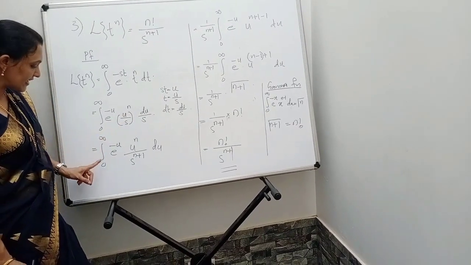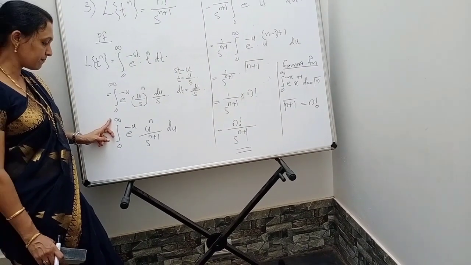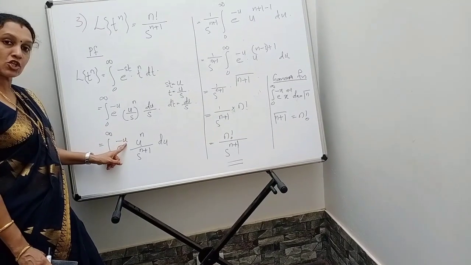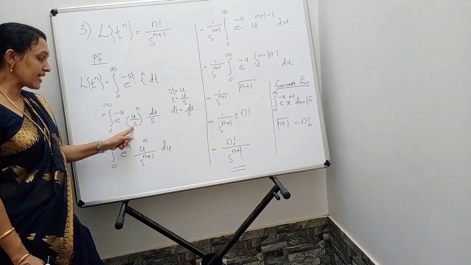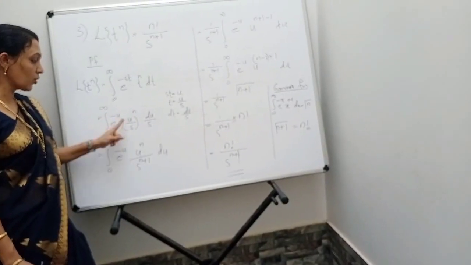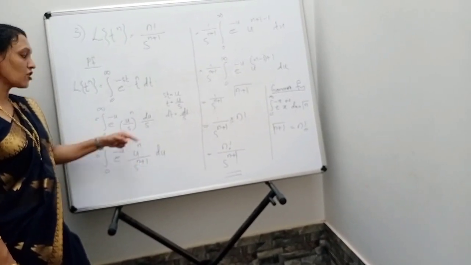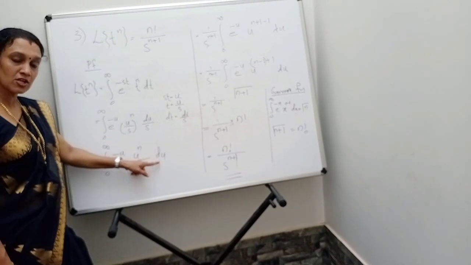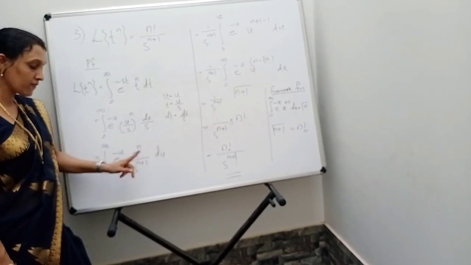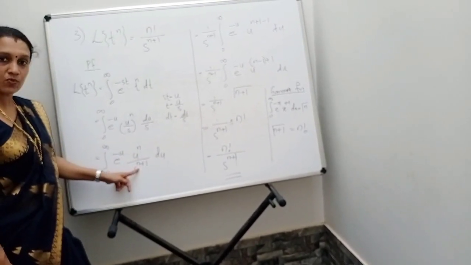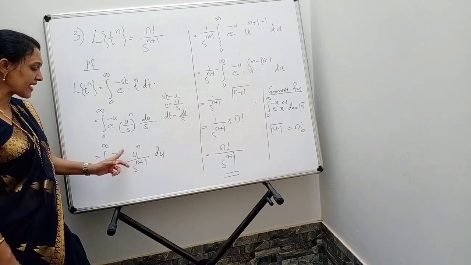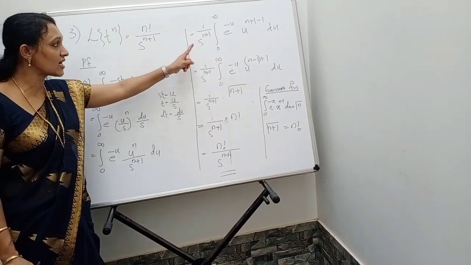Okay. Therefore integral 0 to infinity e raised to minus u into u by s the whole raised to n is u raised to n by s raised to n. And already one more s we have. So combining those two, we'll get s raised to n plus 1. Okay. 1 by s raised to n plus 1 can be taken outside.